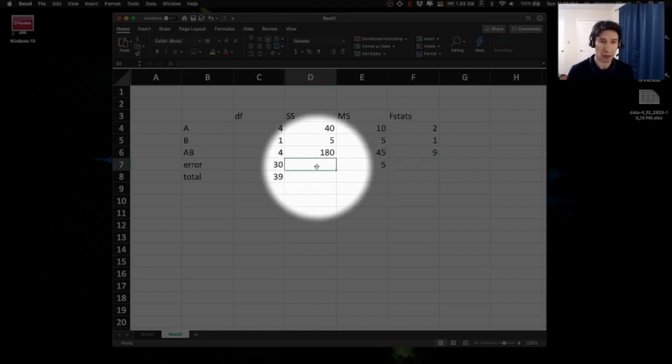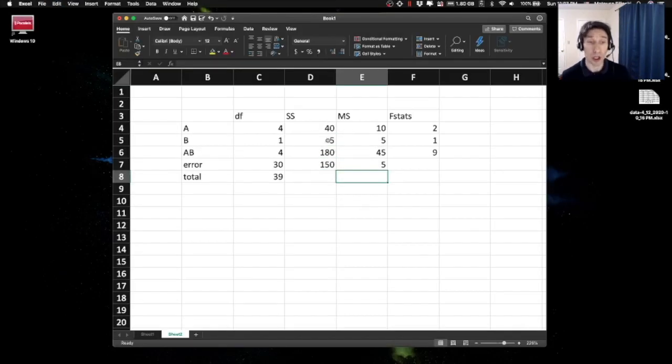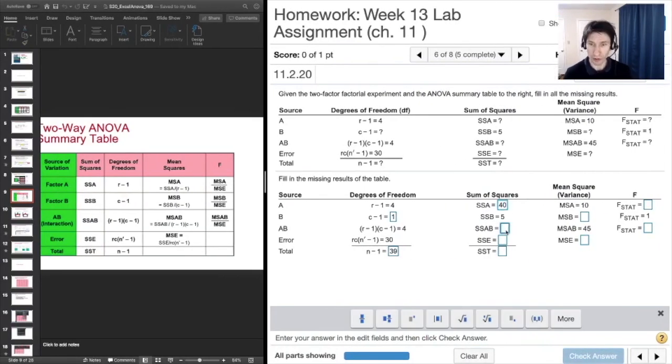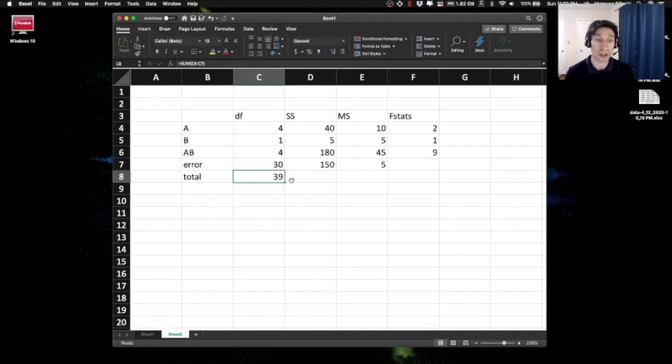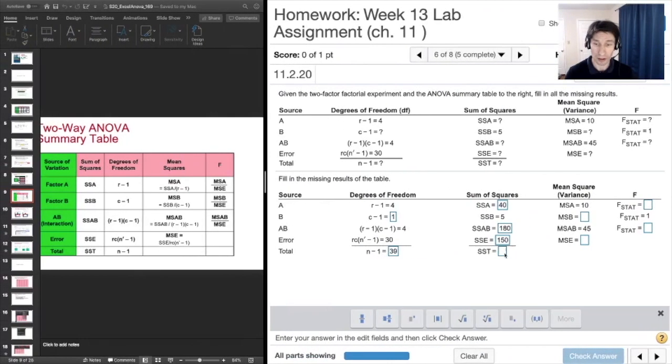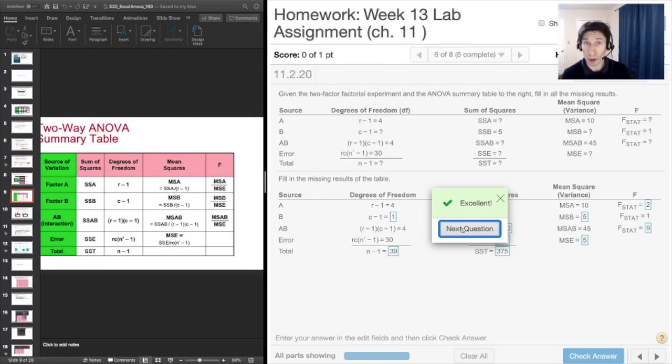Here, once more, we can just copy the formula. And we've got all of our answers, so now I'm going to fill them in. Oh, I forgot. These sums of squares are also the sum, 375. And everything worked out nicely. This is by far the easiest way to solve these problems.